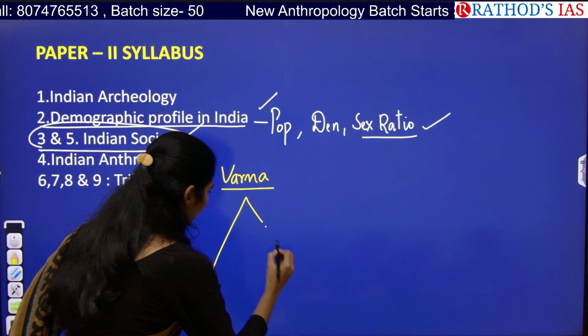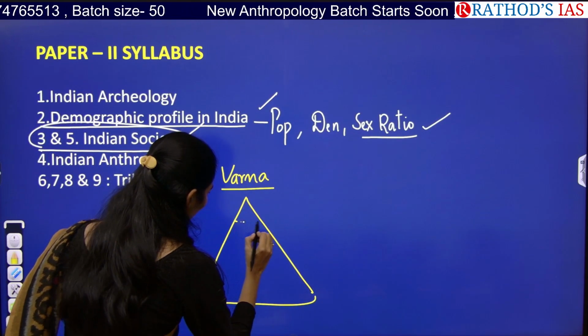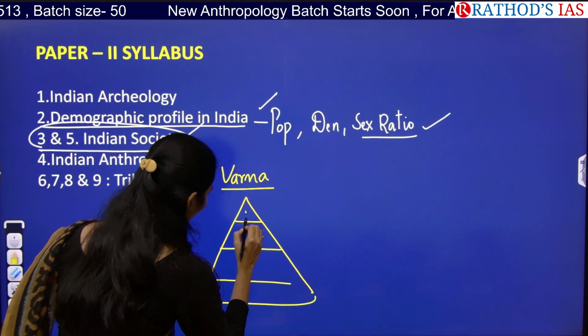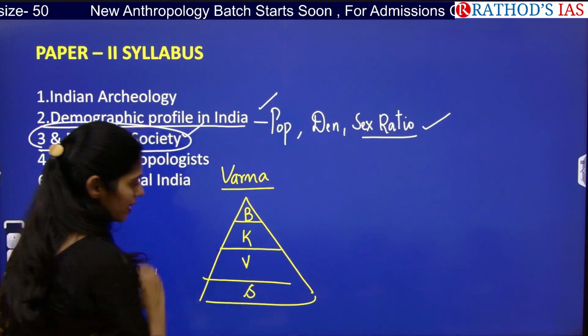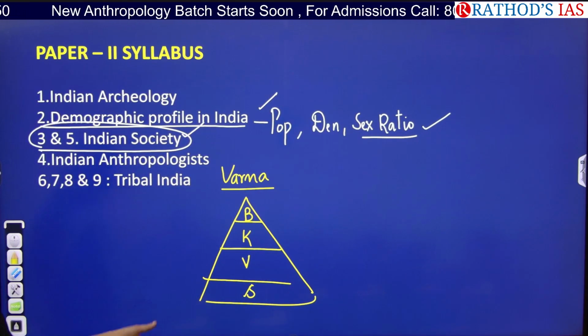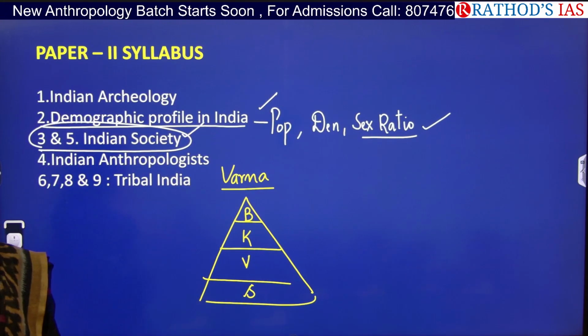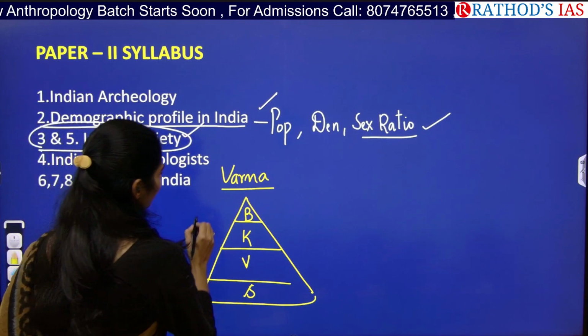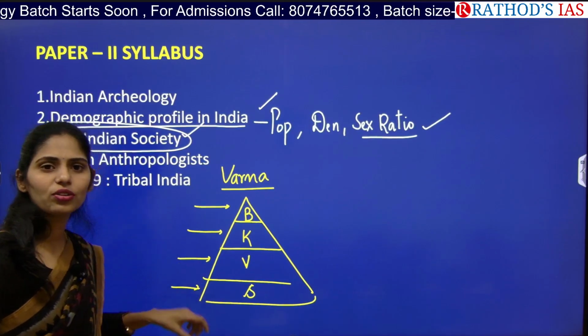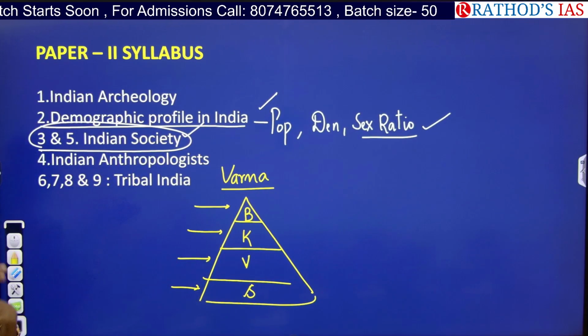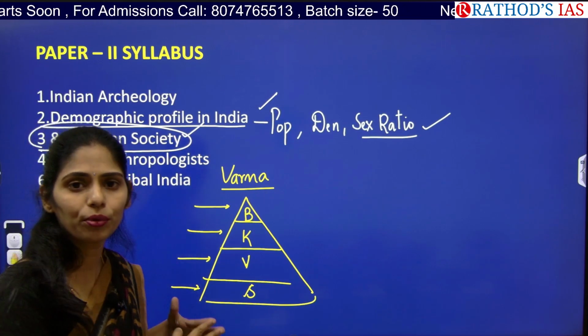Which are those Varnas? We have Brahmins, Kshatriyas, Vaishyas and Shudras. Other than this, we also have Dalits. You will be studying the theories of origin of this Varna system: how it originated, what the different theories are, and who proposed them.